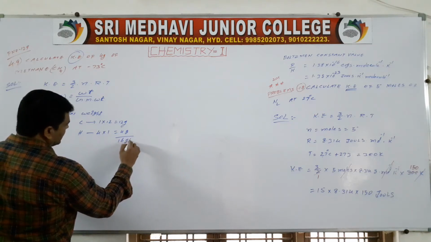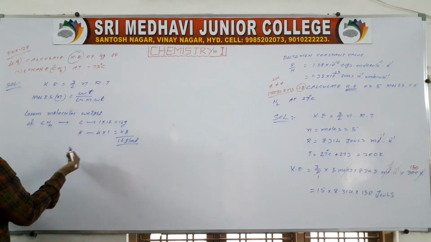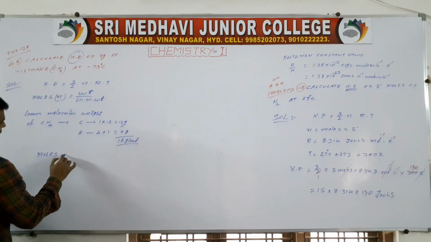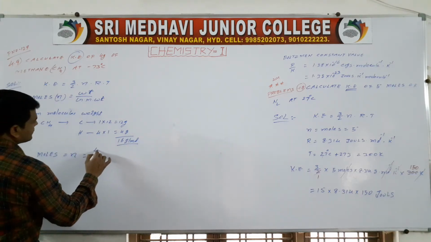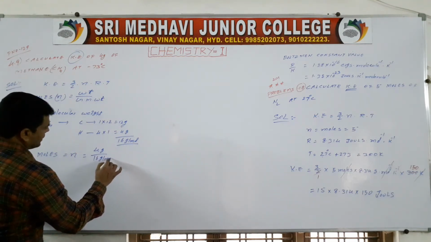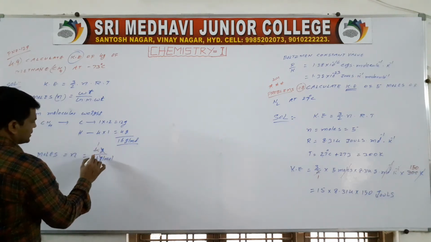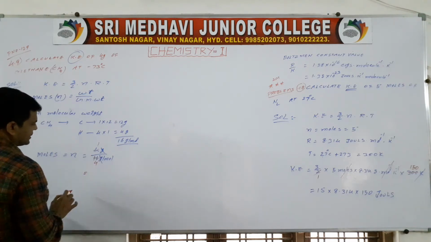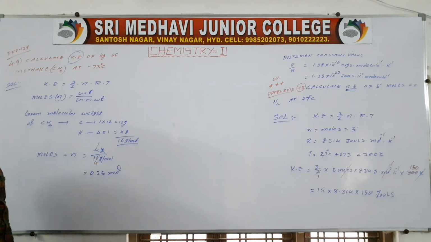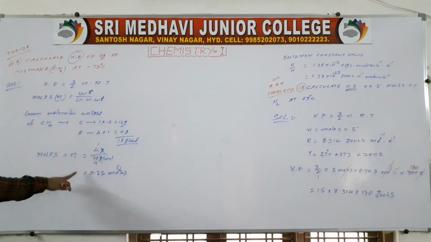Then 16 grams per mole. Then the number of moles n equals weight, 4 grams, by 16 grams per mole. Grams cancel. 4 ones are 4, 4 fours are 16, so 1 by 4, which is 0.25 moles. This is the number of moles.